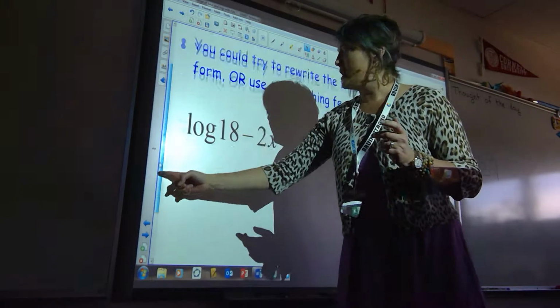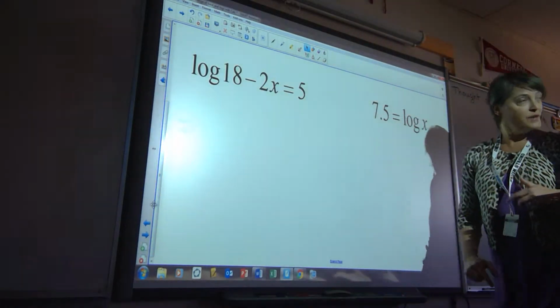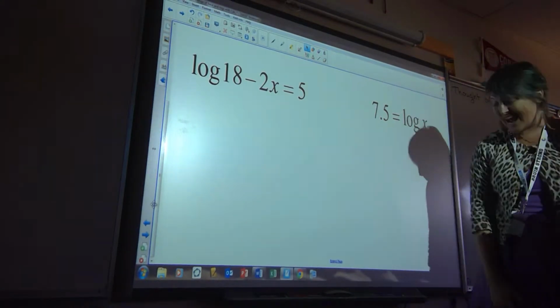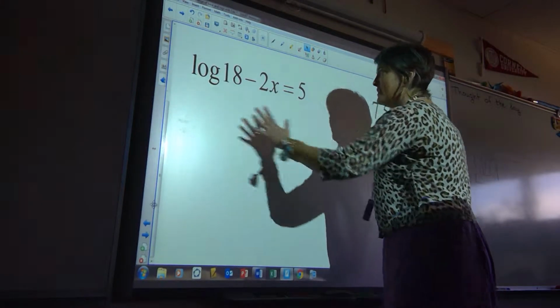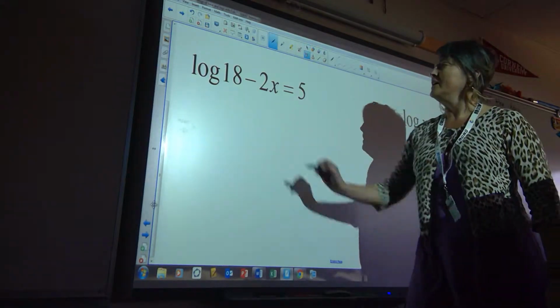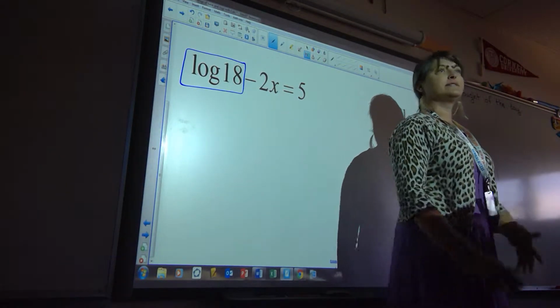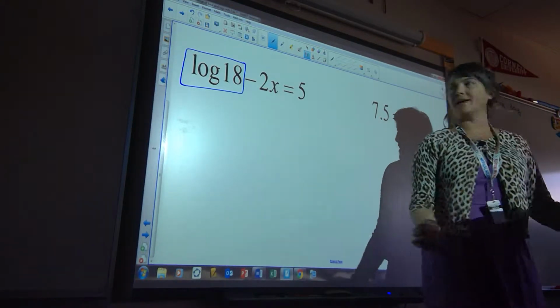So then your problems might evolve to look a little bit more like this. You're going to be asked to solve for x. And if I look at this particular problem, this piece right here is some decimal that I can get from my calculator.